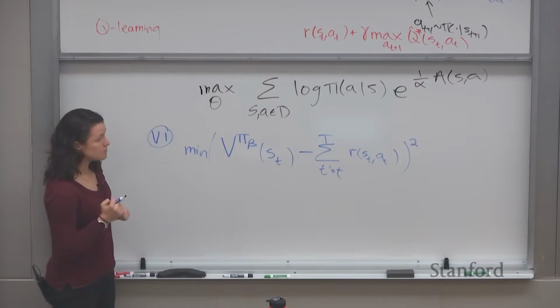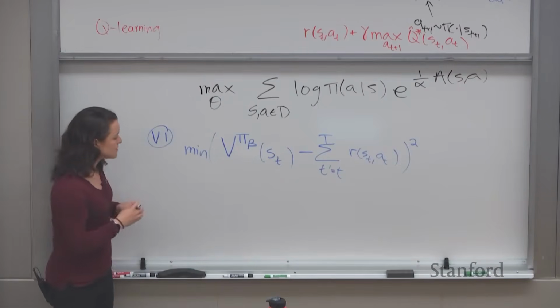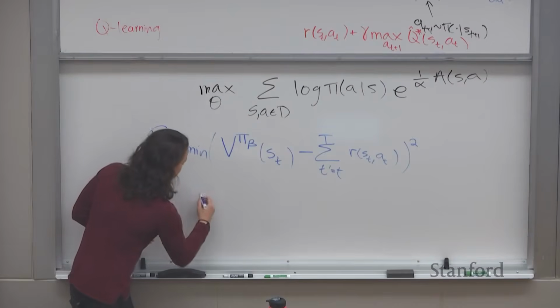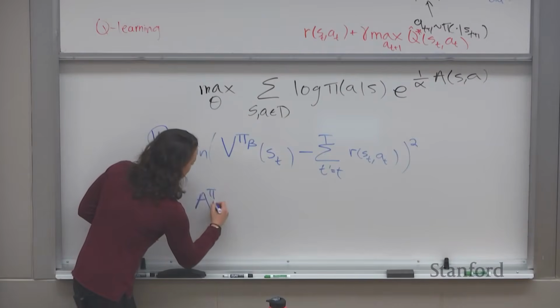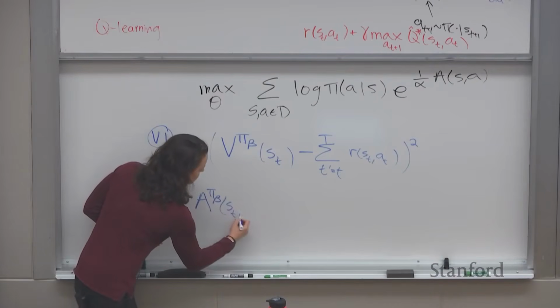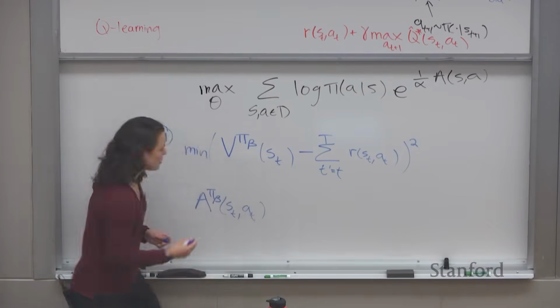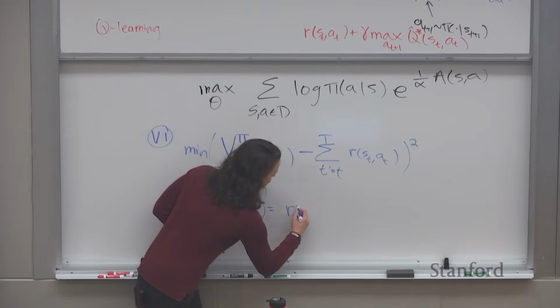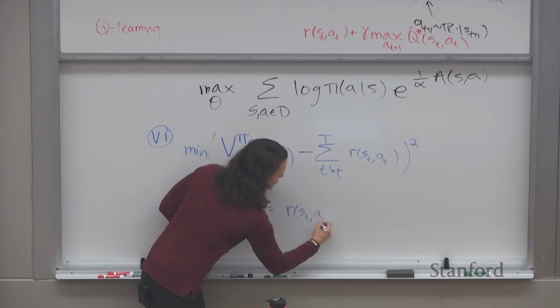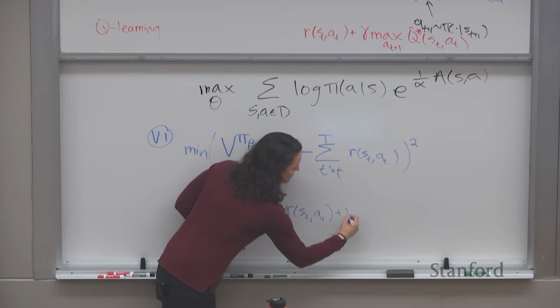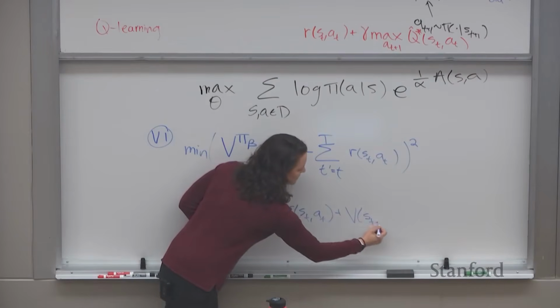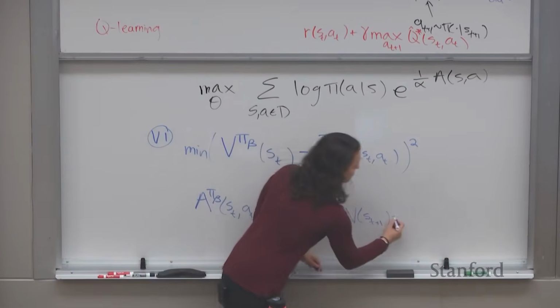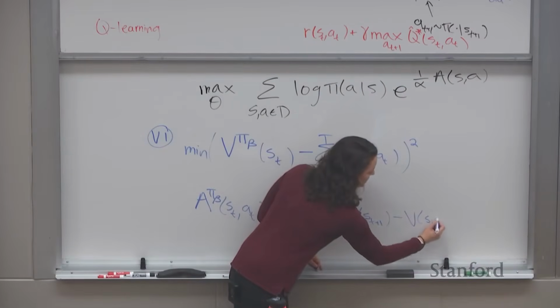The first time that we saw this, the way that we got the advantage function for a given state and action was to use the reward plus the value function at the next time step minus the value function at the current time step.